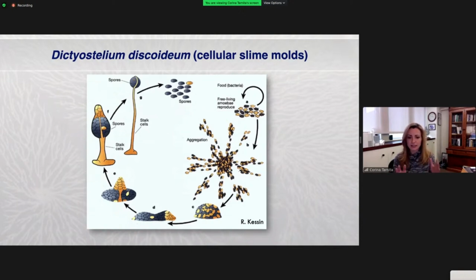It does chemotaxis, phototaxis, and when it gets to the right conditions, it stops and forms a fruiting body that has a stalk made out of dead cells. About 20% of the cells might die to form the stalk, and then about 80% of the cells in that original mound become the spores that are resistant to all sorts of stressors, and they can get dispersed to other locations and restart the process all over again.